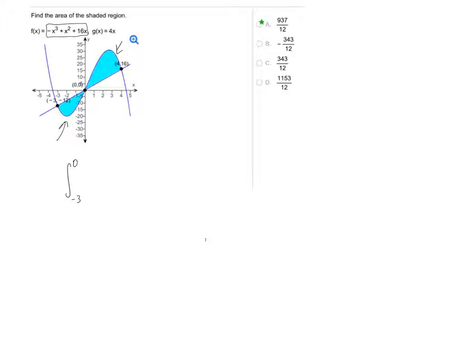And if we were to find the area just under it, we would be finding all of this. But we need to subtract out this part here, which is the area under the 4x. So we need to subtract.